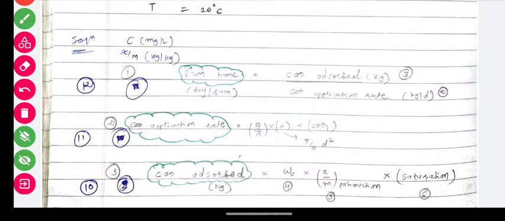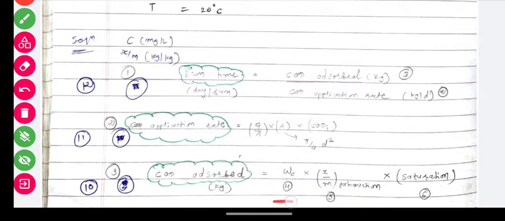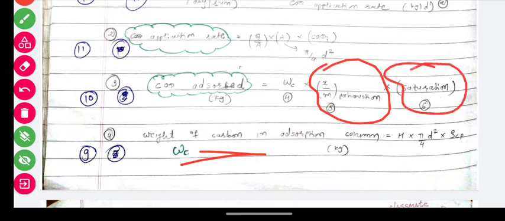Next, COD adsorbed. The application rate is done. Now this is what you have to calculate. For that, this is the equation, or you can simply remember it from its units. This is your weight of carbon, the weight of carbon in the column, at saturation.